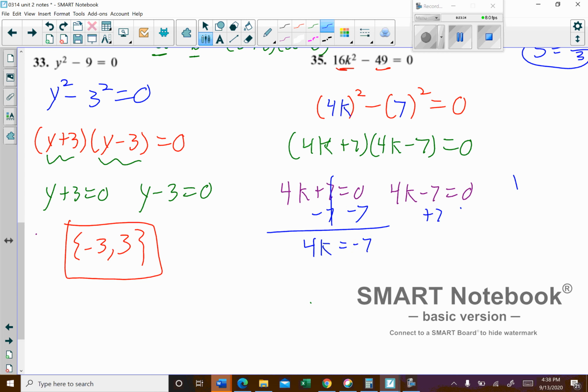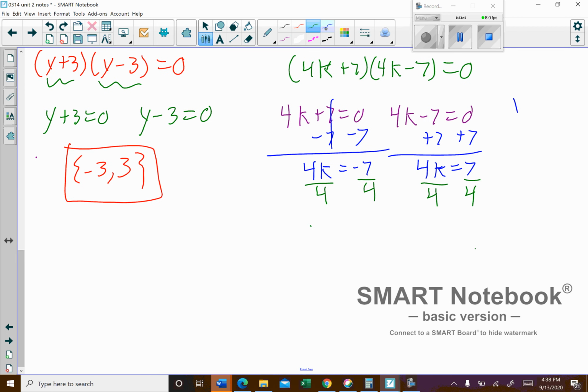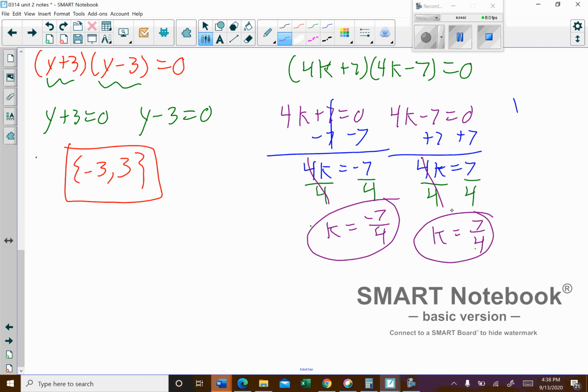Here I'm going to add 7 to both sides, so 4k equals 7. Then we're going to divide by 4 on both sides. That cancels out. So one of my solutions is negative 7 over 4, and my other one would be positive 7 over 4. So that's my solution set right there.